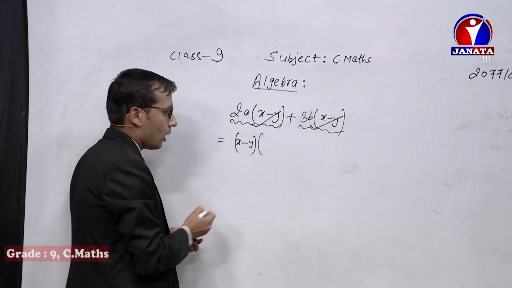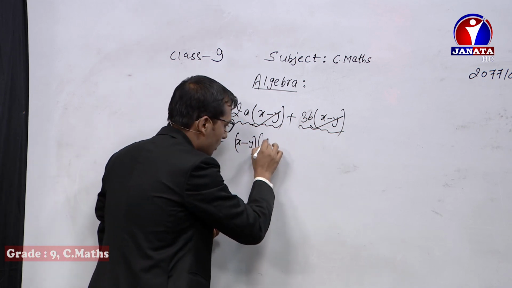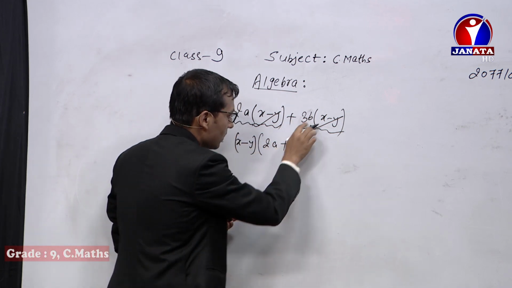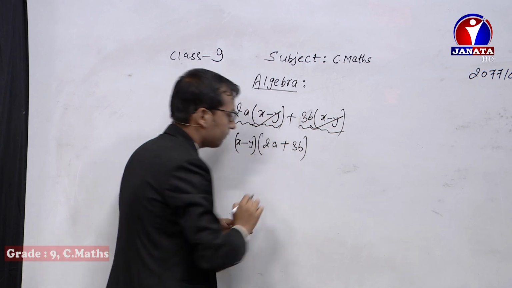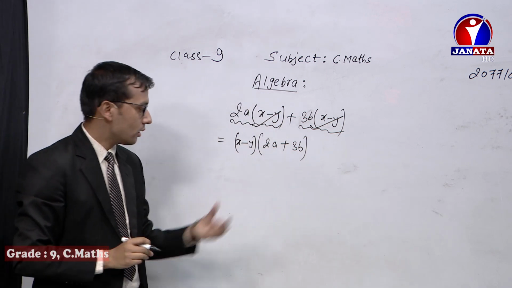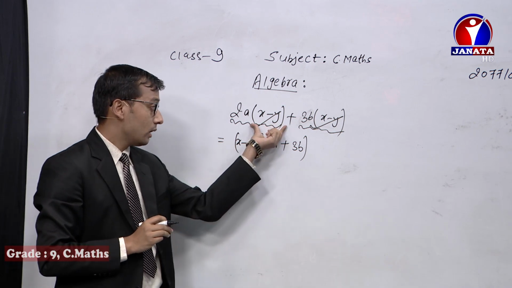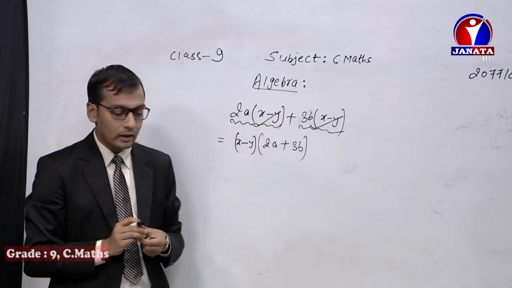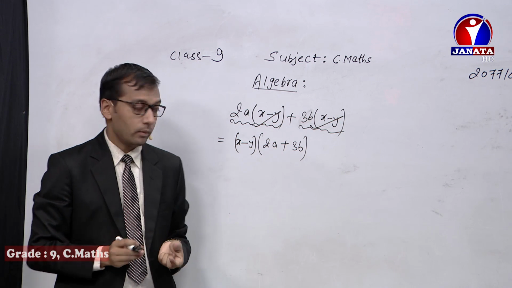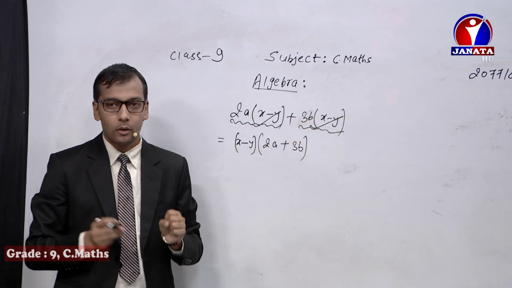Now what are the terms left? In the first term, 2a, plus as it is 3b. So this is a simple example where this expression has a common factor in each of its terms. So x minus y is the common factor.